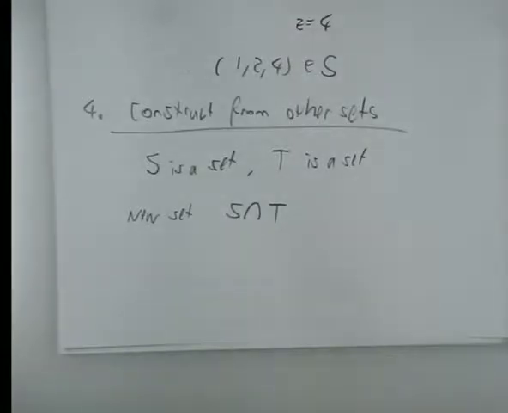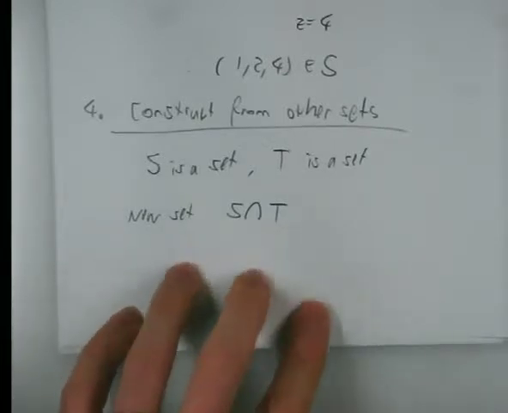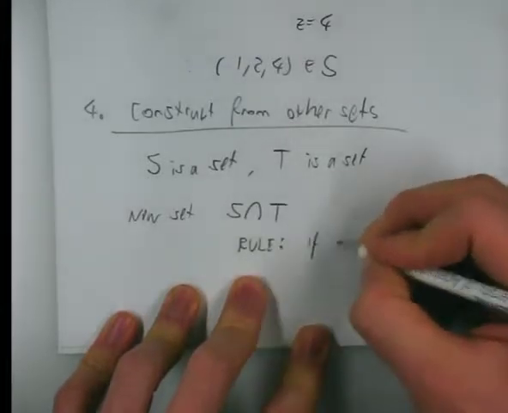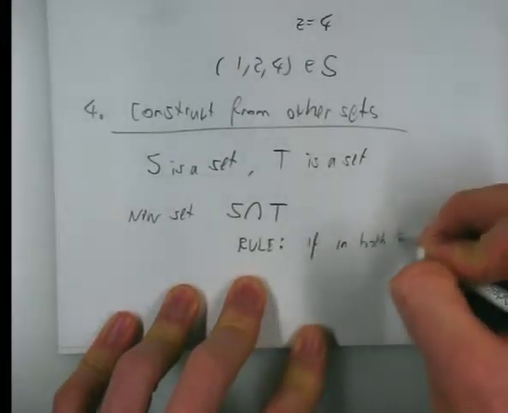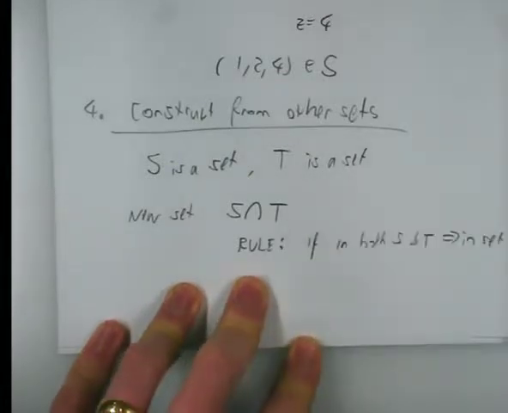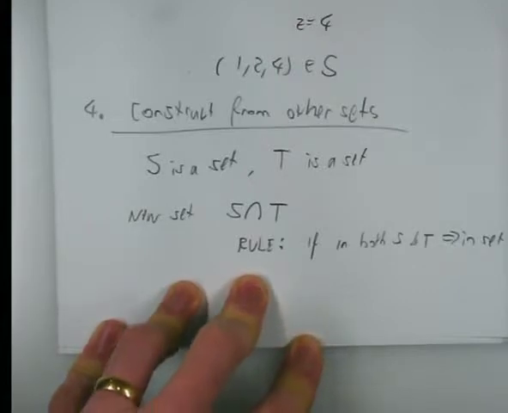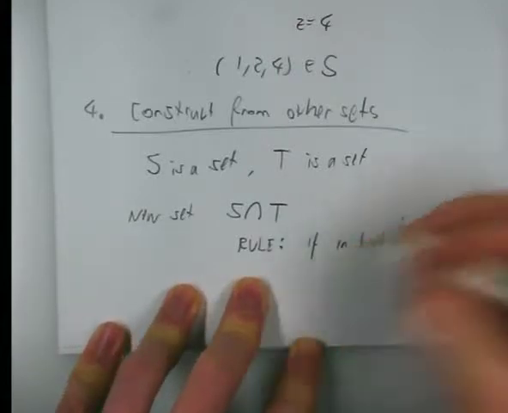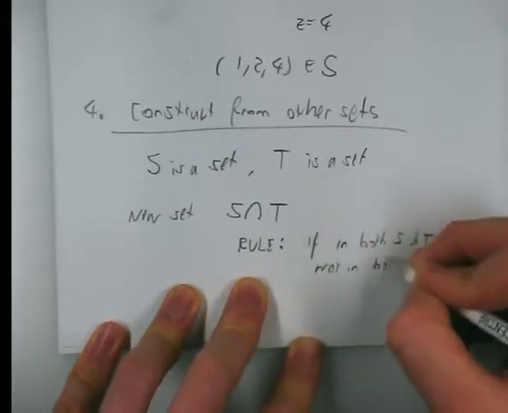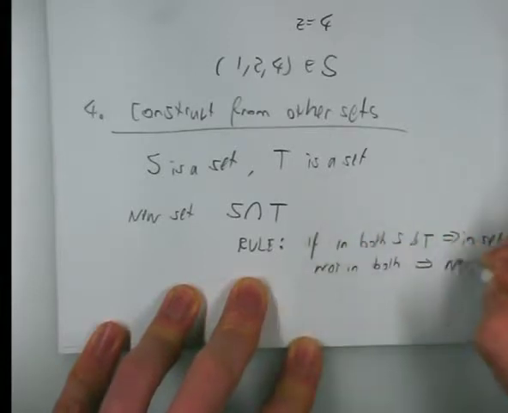And so what you'd need to do is somehow combine the rules for S and T together to have a new rule. The rule for S intersection T is that if you're in both S and T, then you're in the set. But if you're not in both, so you could be in one but not the other, not in both means you're not in the set.